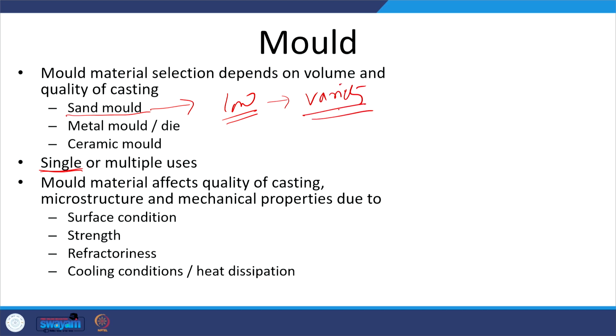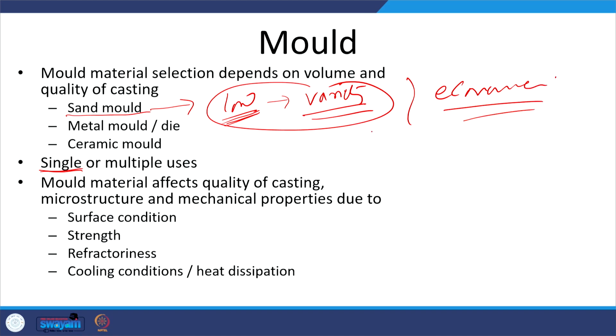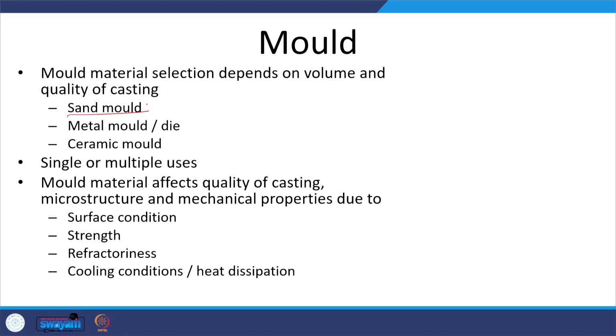You see multiple varieties of design, very frequent change in the design, and low volume. If that is the kind of case, apart from that, certainly the economics will be playing its own role. Things should be economical at the end of the day for manufacturing a component. So, molding sand can be used for making the sand mold.